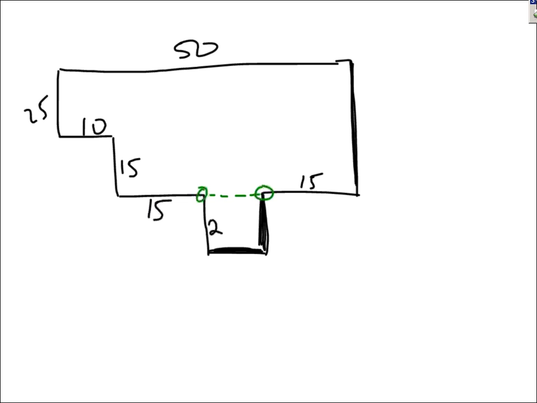Well, again, since I know that's a straight line, then I know that this distance here is the same as the distance from here to here. The same as that distance.